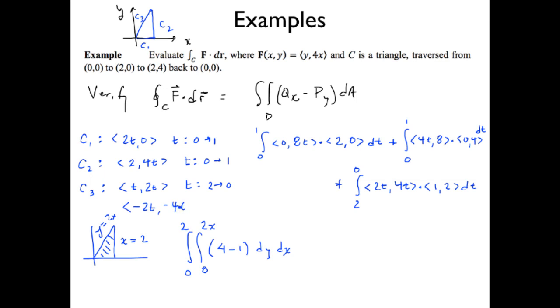The second one is... make sure you just check. Plug in t equals 0, make sure you get the point that you want. Plug in t equals 1, make sure you get the point you want. So what was it again? 2 minus 2t and 4 minus 4t. Is that right? And then in that case, it would be t from 0 to 1.